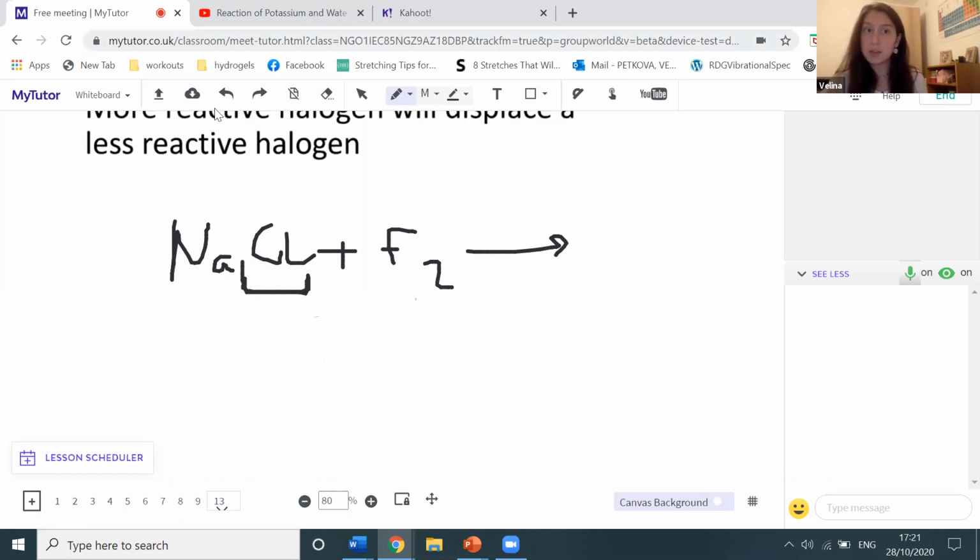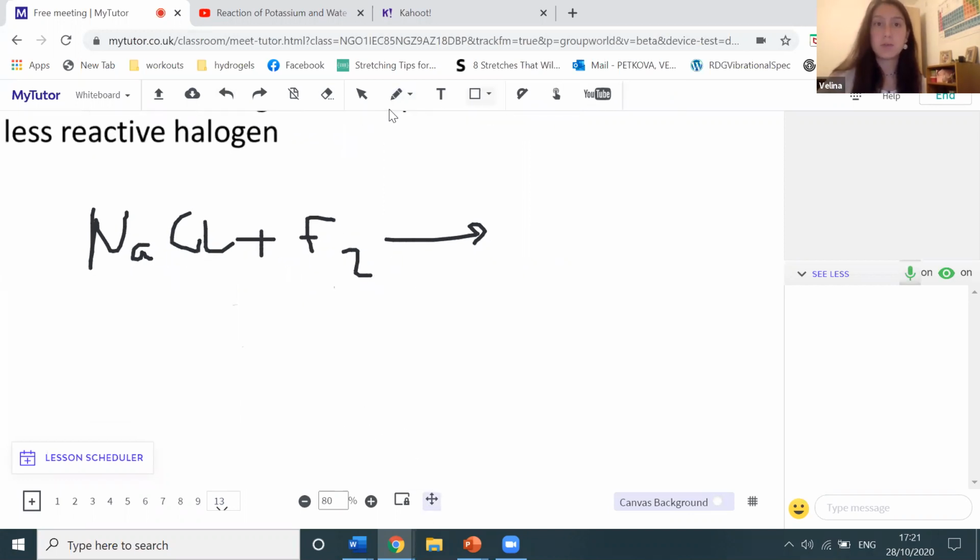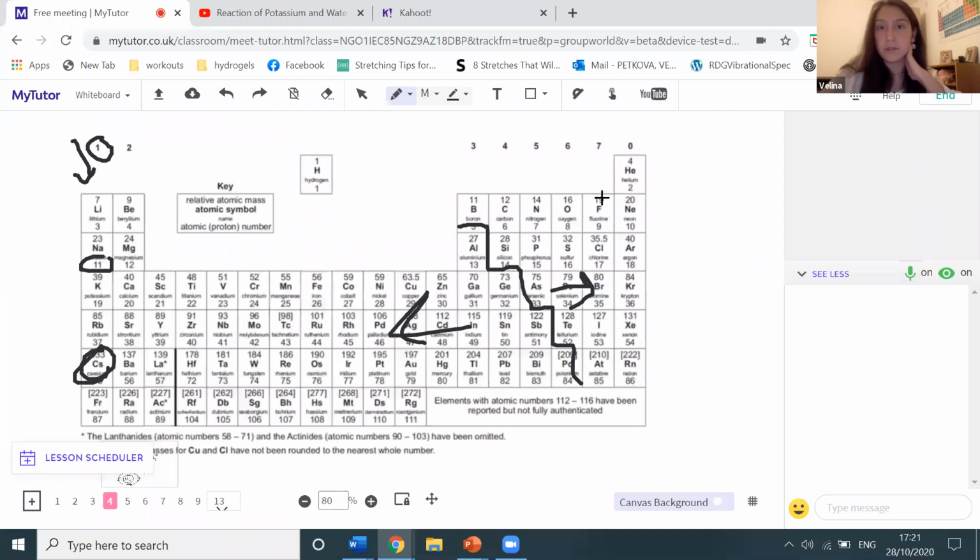If it's less reactive, it's not going to displace it and there's going to be no reaction, okay? So because we've said the reactivity of group 7 decreases down the group, and fluorine is above chlorine in the periodic table. Can we see what fluorine is? So look, fluorine is above chlorine. So therefore, chlorine is less reactive than fluorine.